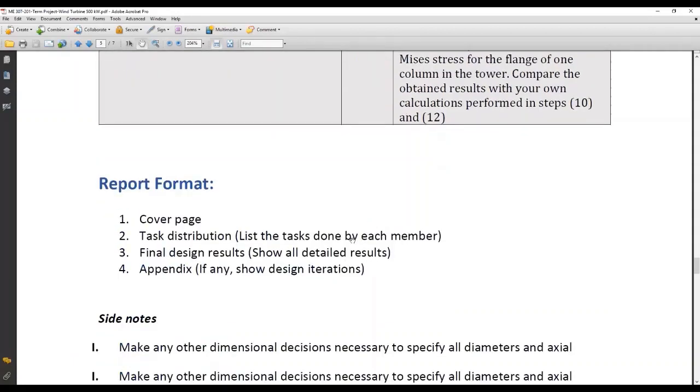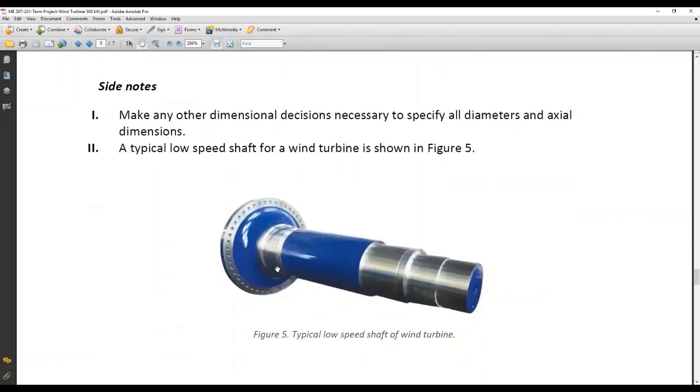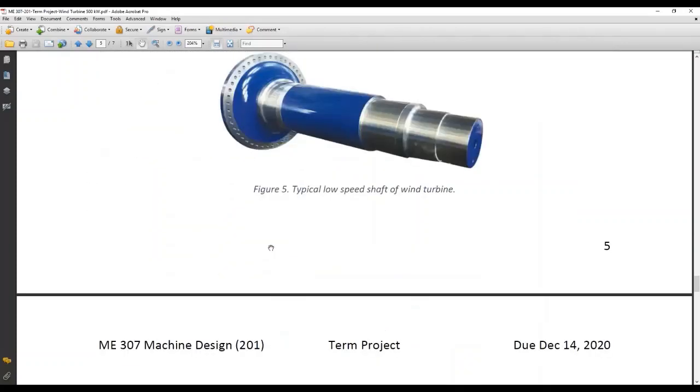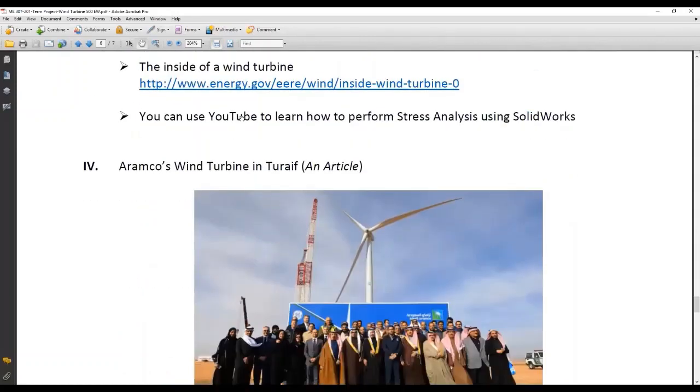Okay. The format: you should have a cover page, the task distribution, the final result, and appendices if you have them. This is how a shaft could look. These are some extra material to encourage you. And here I'm telling you, you can go to YouTube to perform stress analysis.